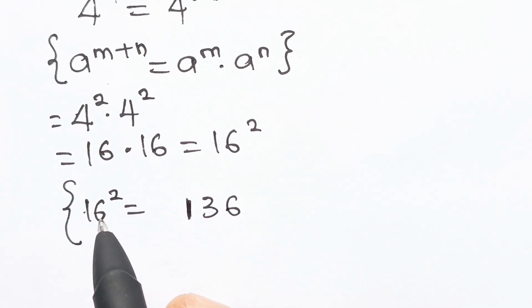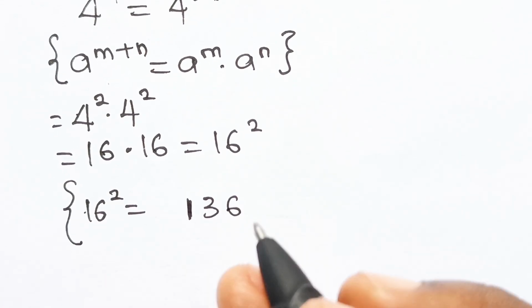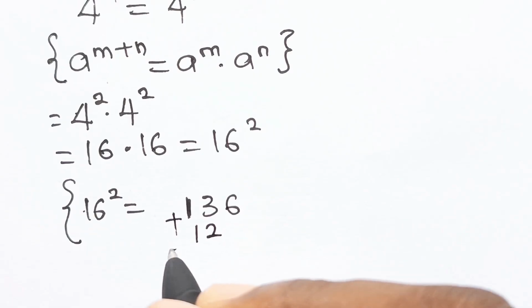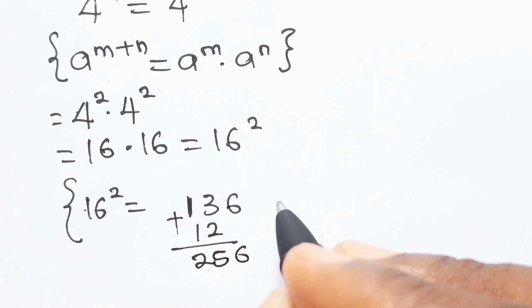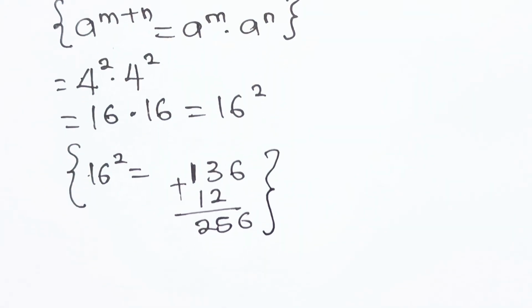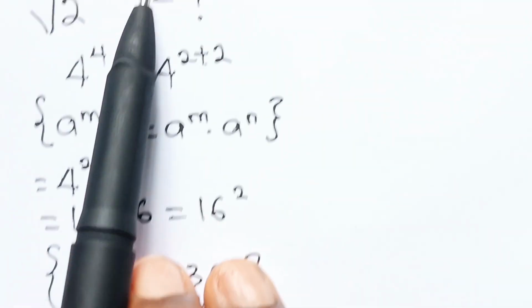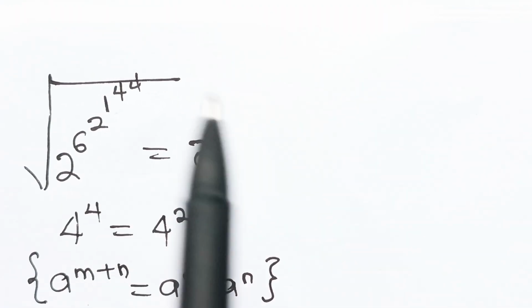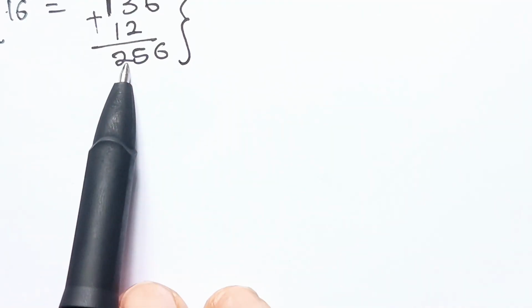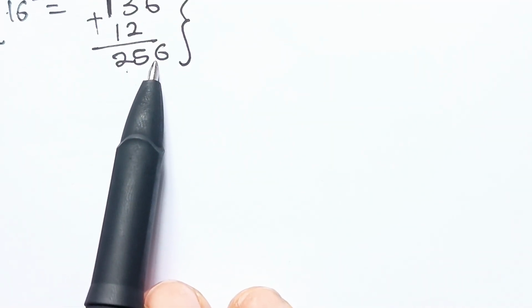Now 1 times 6 is 6, 6 times 2 is 12. You add to get 256, and that is it. So we are going to replace 4 to the power of 4 with 256.